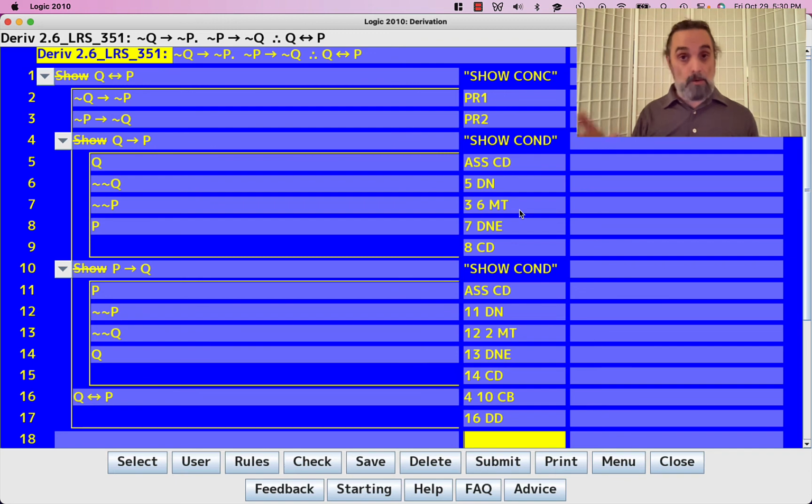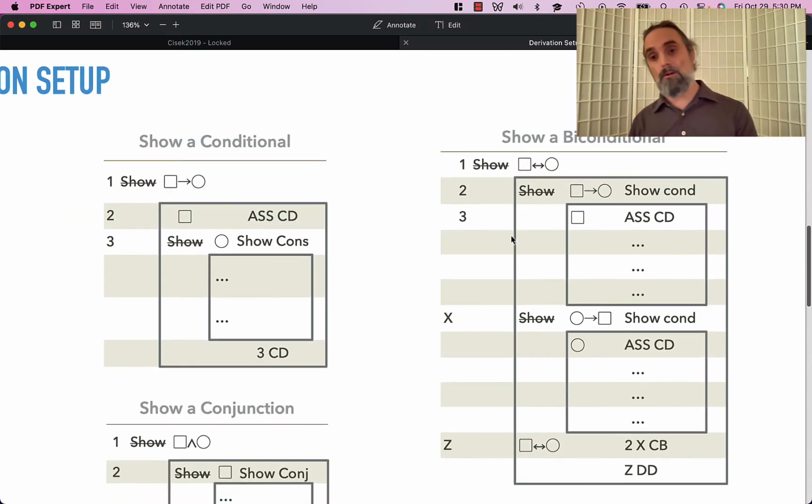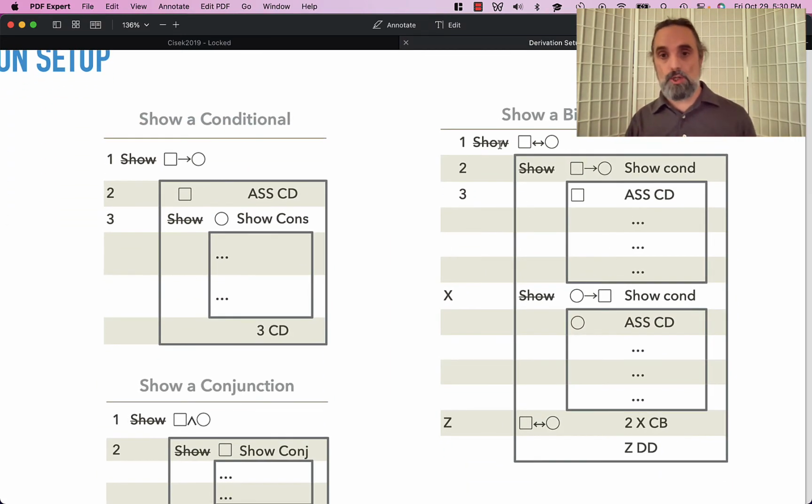So this is the general format of deriving a biconditional, and it's what we have in our strategy document. So we say show the conclusion, and then we show each of the two pieces. We show the left to right piece, and we can use the show cond command for that. And then we show to enter that show line. And we'll make that conditional assumption there, and then the derivation proceeds how it does.